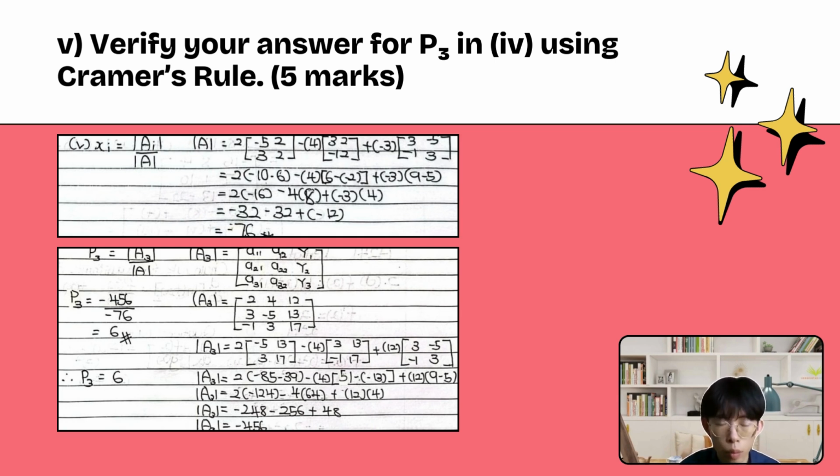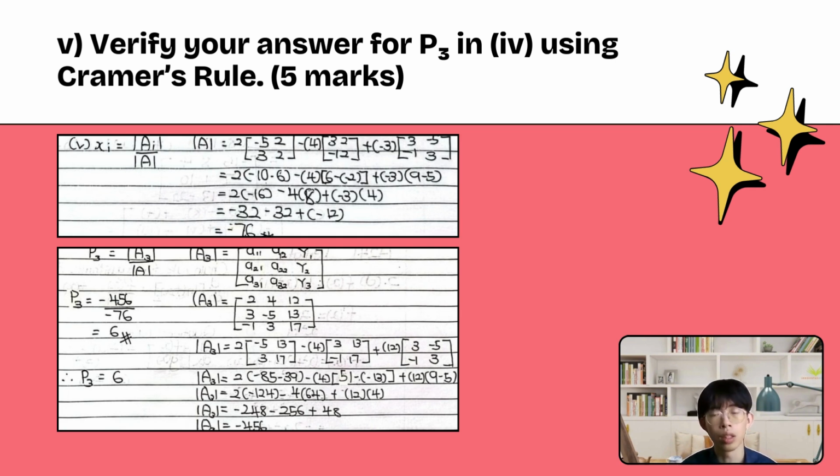The formula that we use to get P3 is the determinant of A3 divided by the determinant of A. We use the determinant of A that we got earlier, which is minus 76. To get the determinant of A3, first we need to create a new matrix by replacing the third column of matrix A with the constant matrix that we created earlier, which is 12, 13, 17.